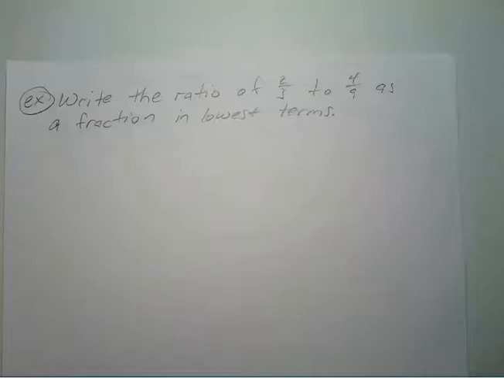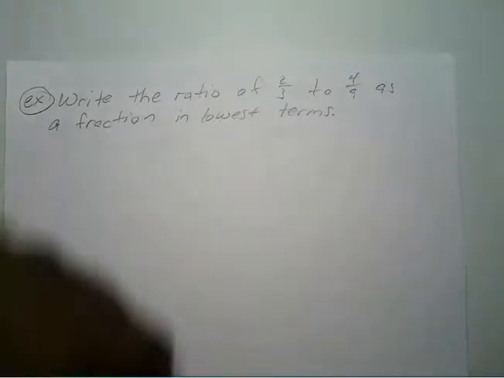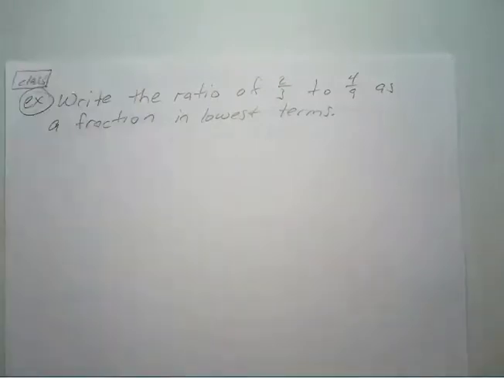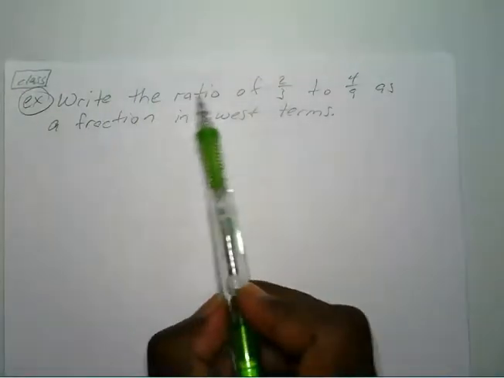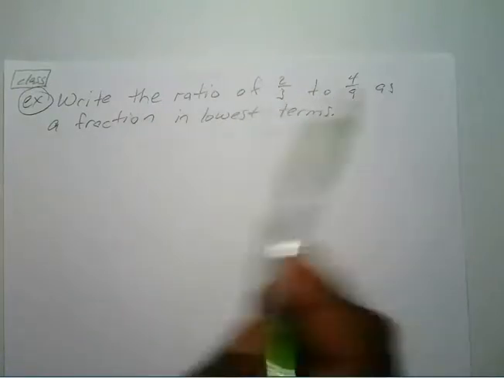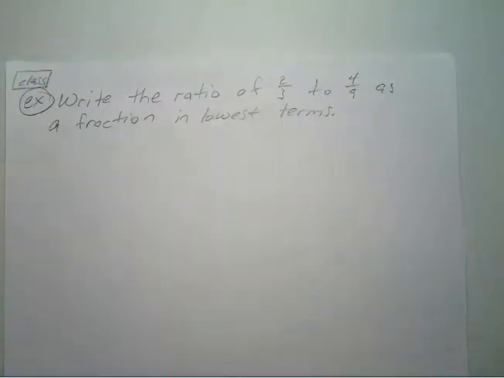All right, so this one is a little bit different, but I still want you to try it before I solve it. So what if you want to write the ratio of 2/3 to 4/9 as a fraction in lowest terms? Okay, so just give that one a try on your own.